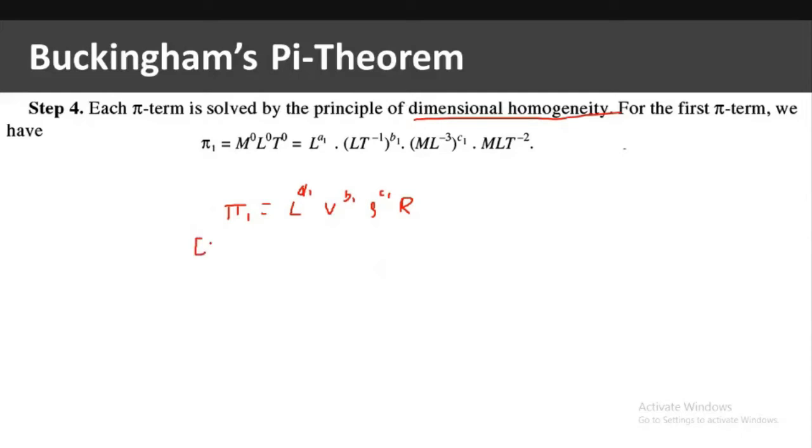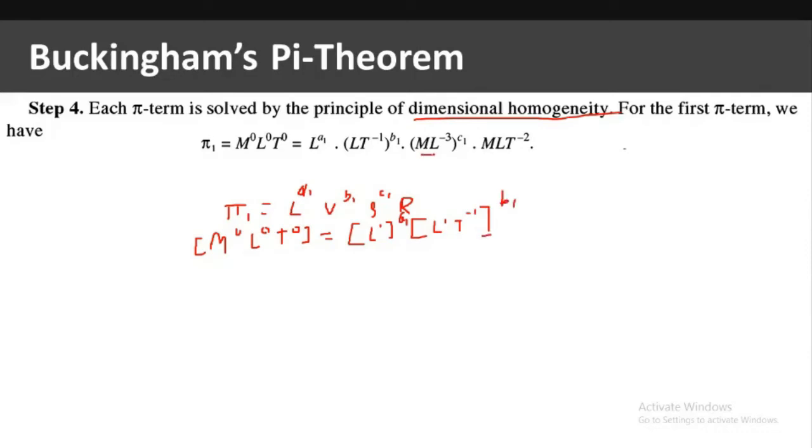So the dimension of the left side is M⁰L⁰T⁰. This should equal the right side dimension. So what is the right side dimension? What is the dimension of L? L¹, so it is L¹ to the power a1. Then the dimension of velocity is L¹T⁻¹, so L¹T⁻¹ to the power b1.